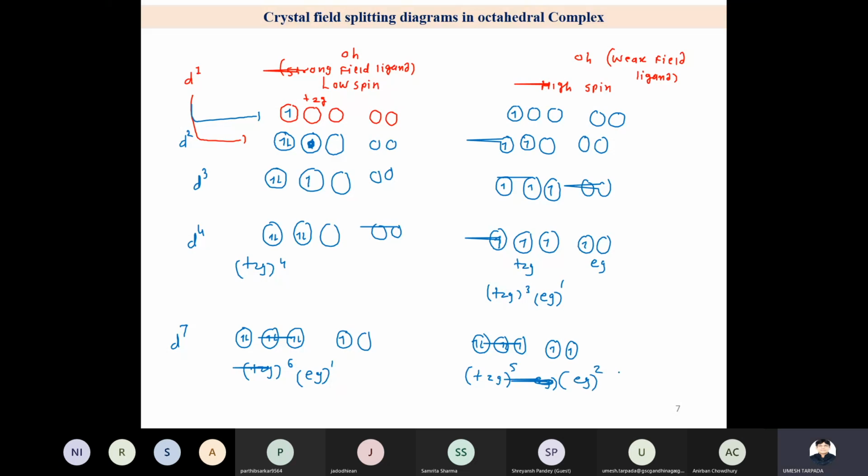Okay, in this way the electrons get arranged into different orbitals. If you want to calculate crystal field stabilization energy, this is the formula.